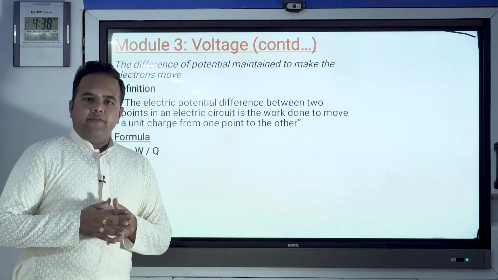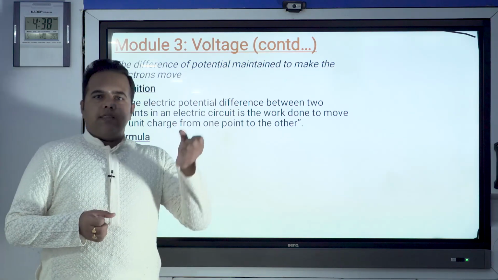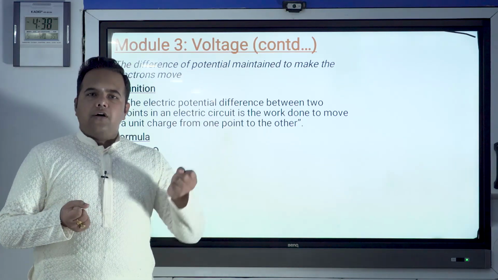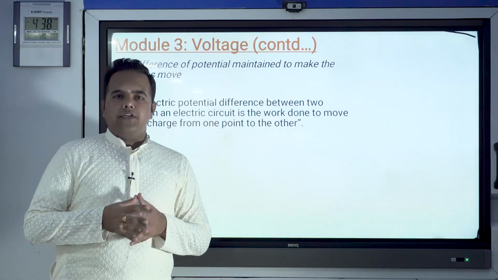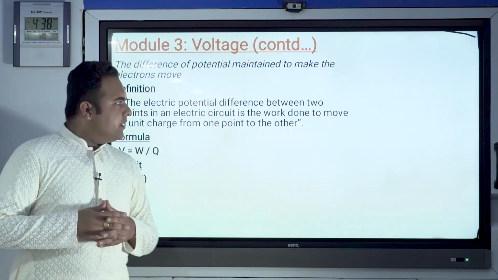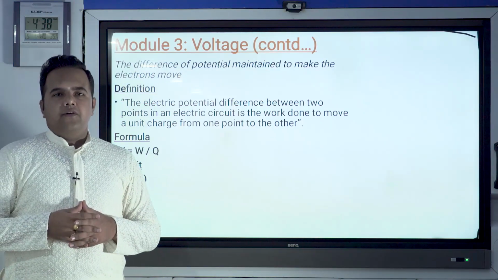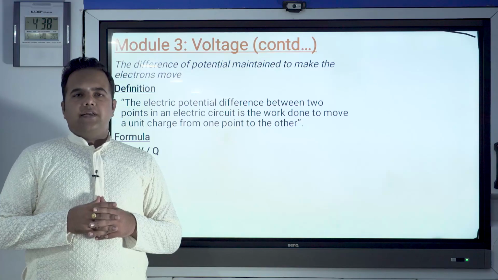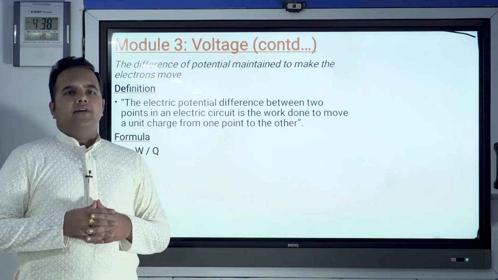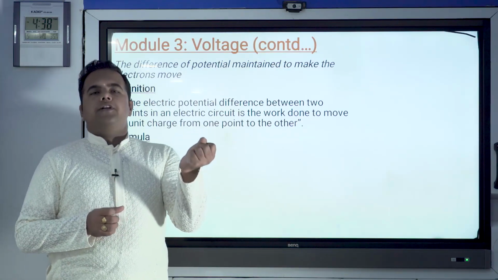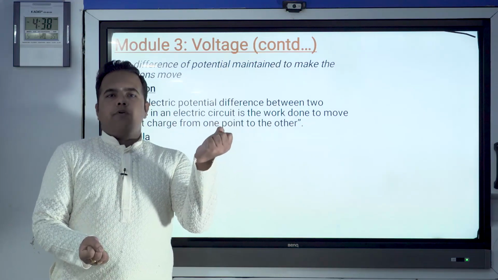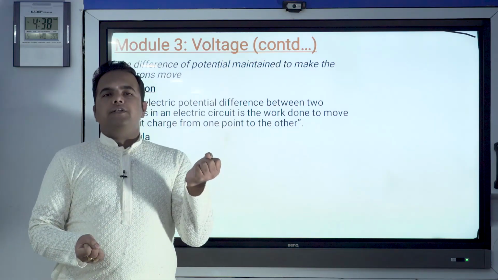So the 2 points that we defined are the plus and the minus, or the high potential and the low potential. If you have a look at the battery closely, one side there is a plus sign that is written, the other side there is a minus sign. So plus is the higher potential and minus is the lower potential.